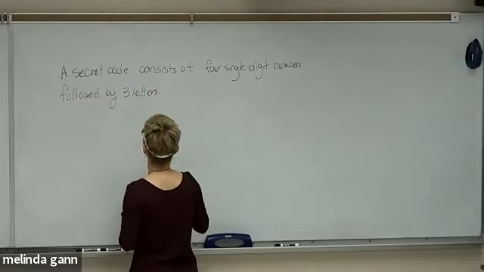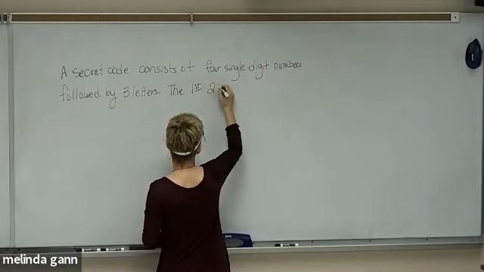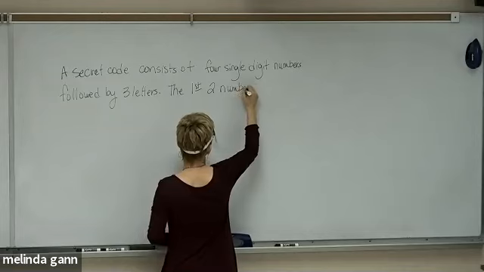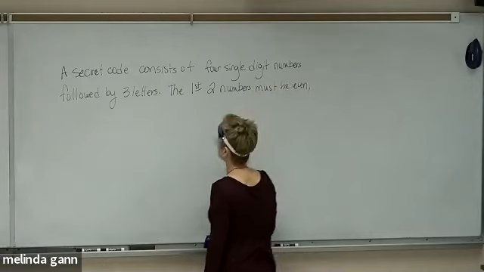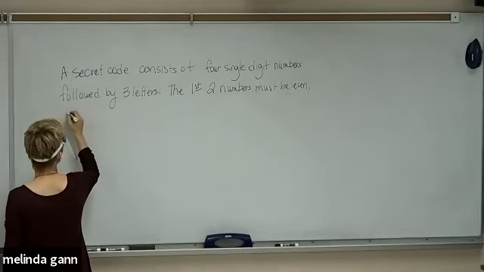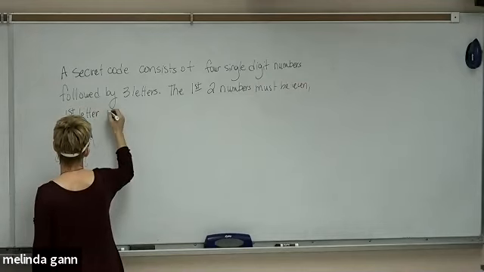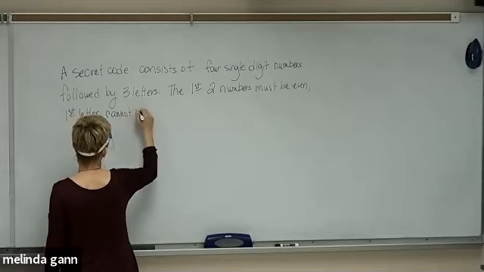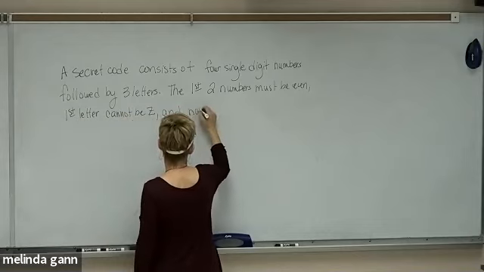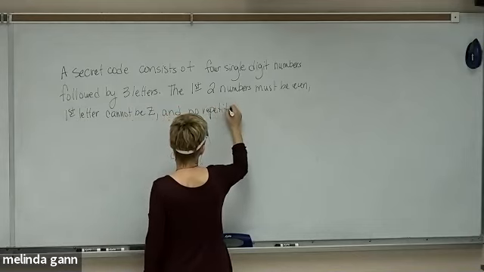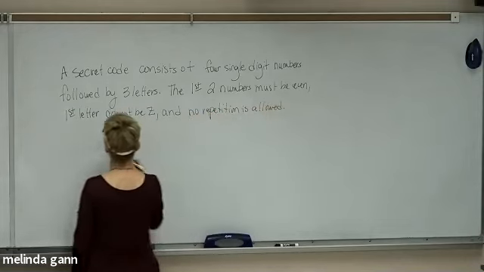All right, suppose there are some conditions. Suppose the first 2 numbers have to be even. And suppose the first letter, for some reason, cannot be Z. And no repetitions allowed in anything. And I want to know how many codes are possible.